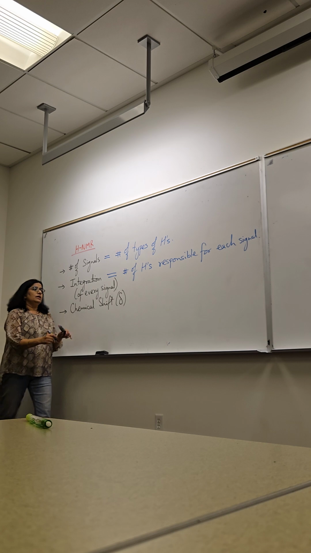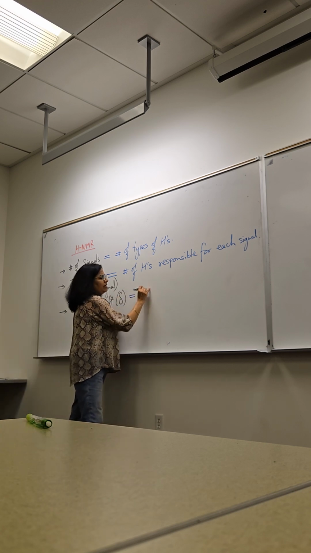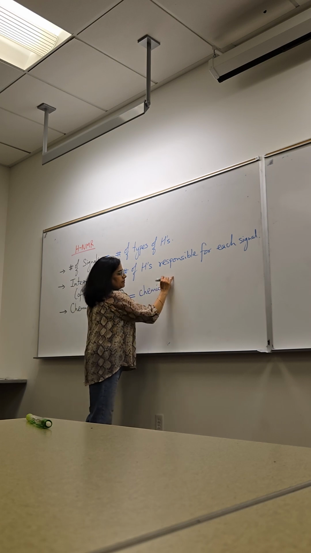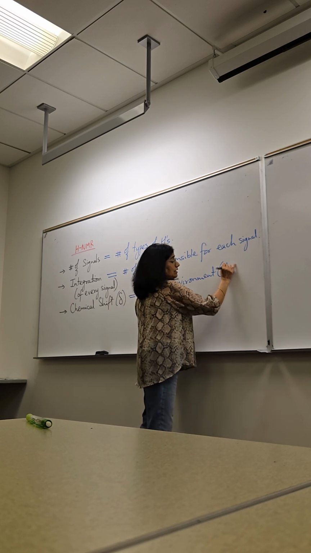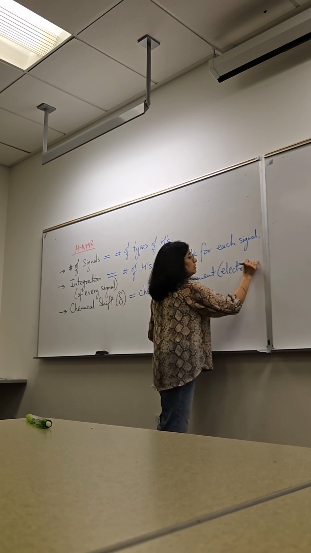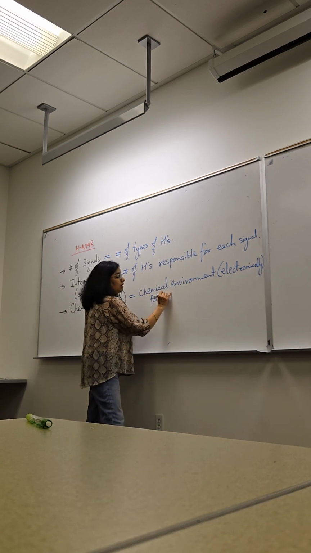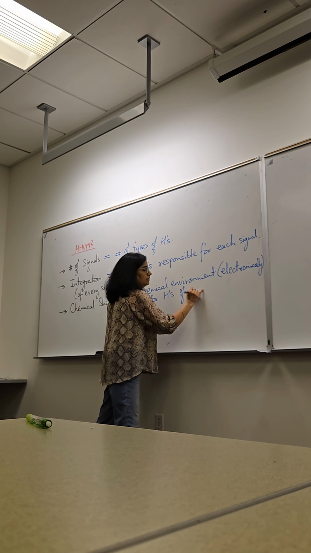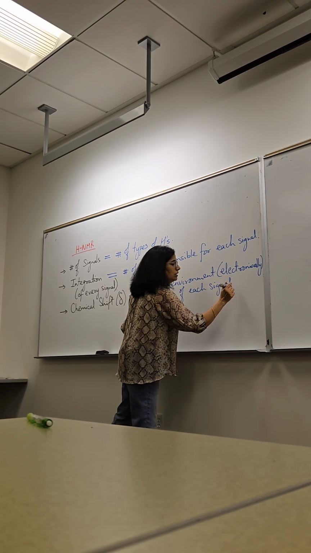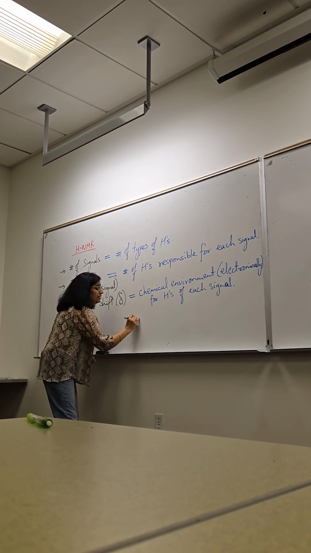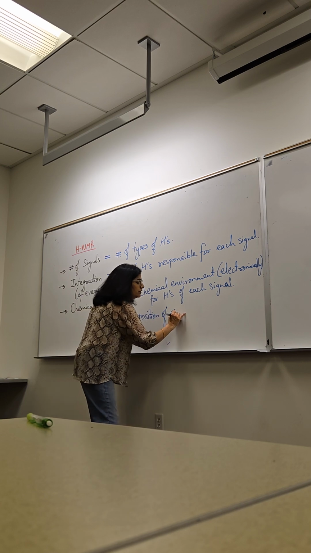Chemical shift basically is telling us the chemical environment, electronically, so electrons come in there, for hydrogens of each signal. This is basically the position of the signal on the spectrum.